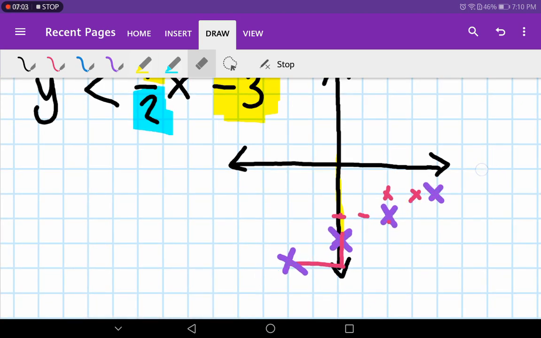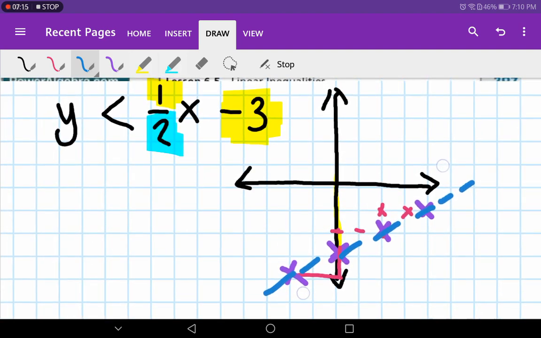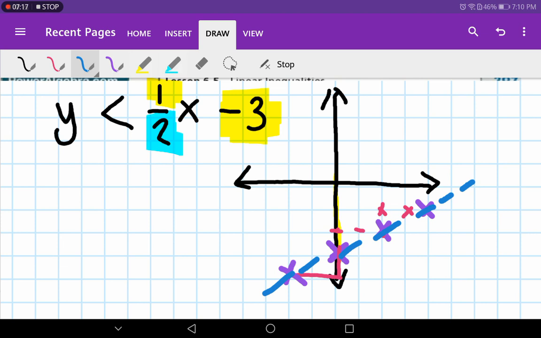Like this, 1, 2, 3, 4, 5, 6. Yes, dashes. Now the most important: it was solid, because it was an equal sign.